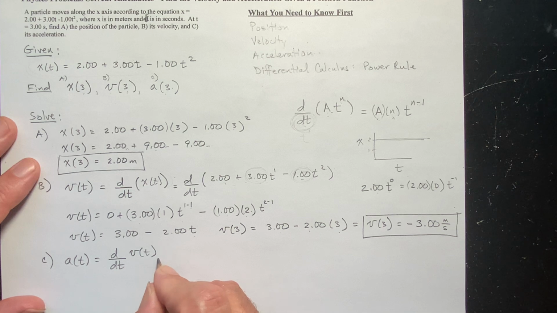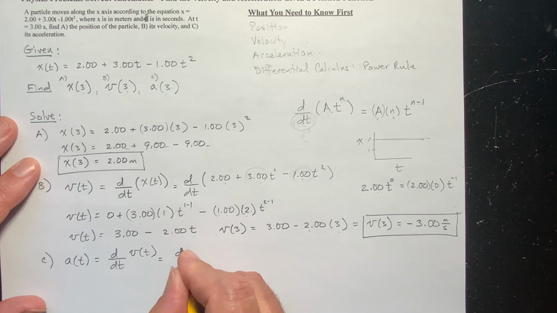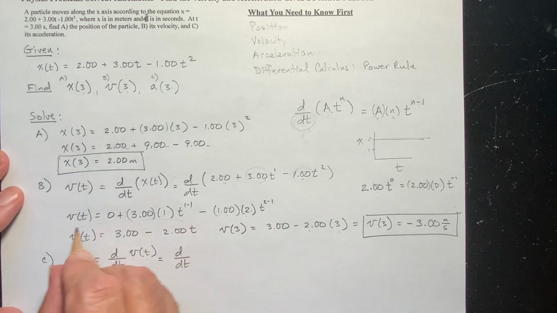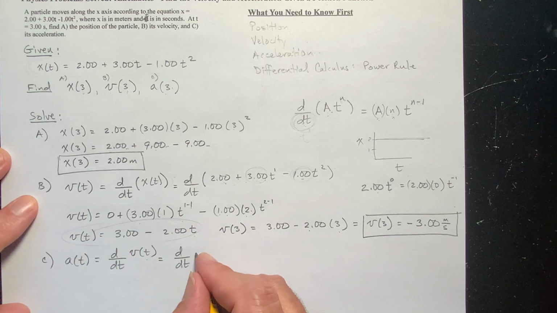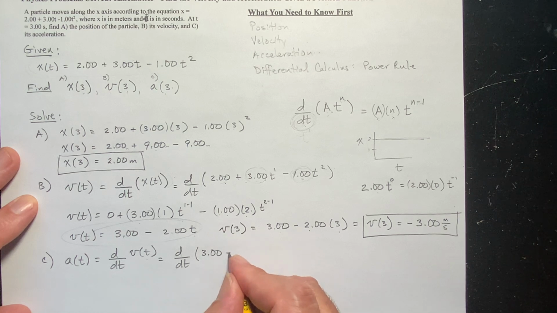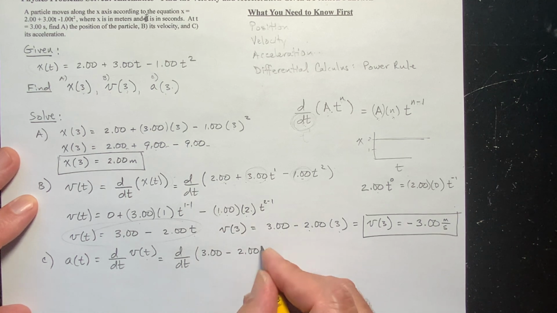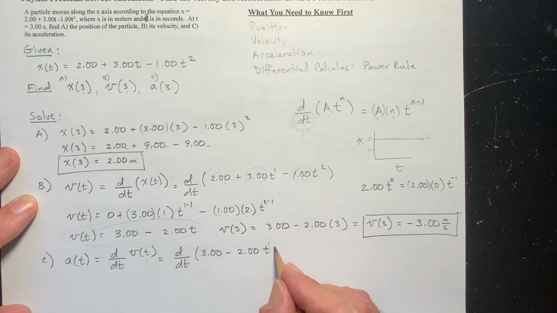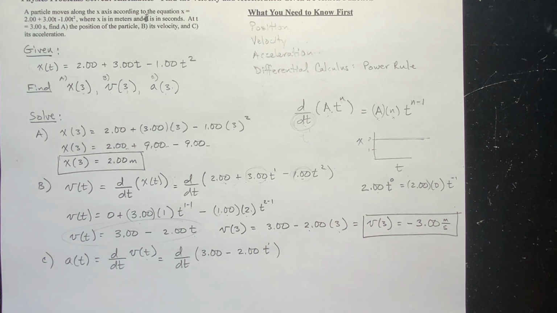And so that means we're going to take the time derivative of velocity as a function of time. Well, I have that right here. So I'm going to say that's the time derivative of 3.00 minus 2.00 times t, and this is t to the 1 power. Go ahead and put that in there if that makes you feel okay.